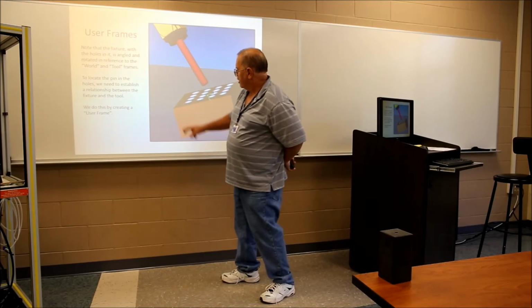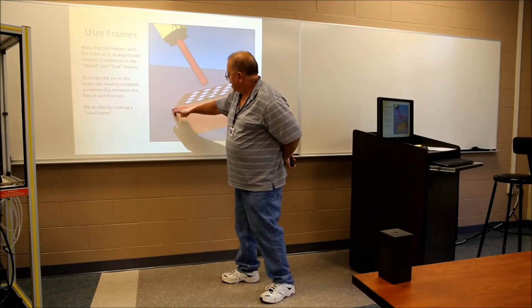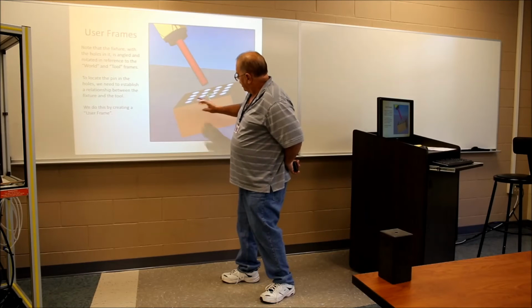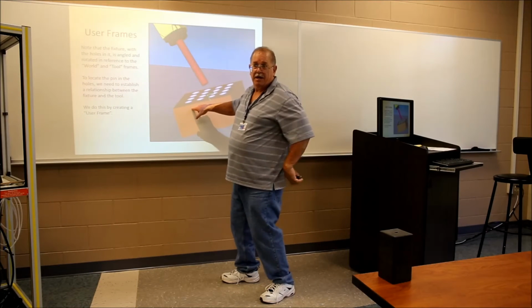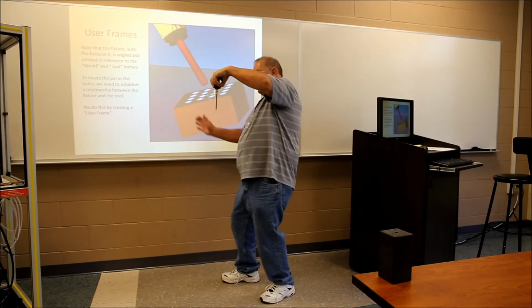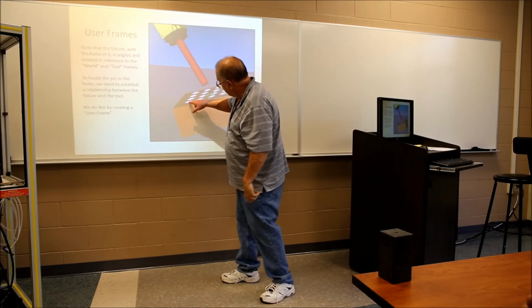I tell it to move 20 millimeters in the Y axis or the X axis, it may come straight over here, and because of the way the block is jacked up, it would actually hit the block right there because it has to move in the Z axis, the X, and the Y. It's got to do all the fancy trig in order to get directly over the next hole.